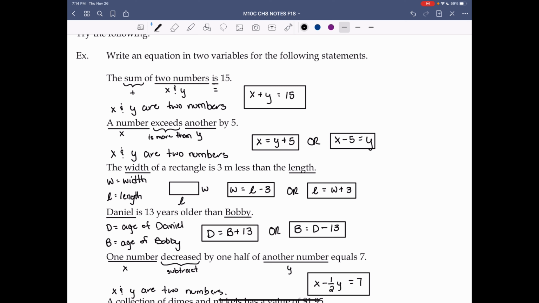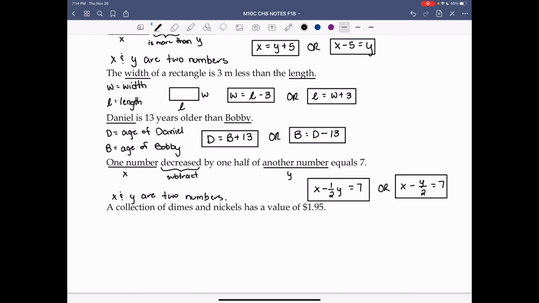So x minus y divided by 2 equals 7. This is one number, x, decreased by 1/2 of another number, y, so y divided by 2, or 1/2 times y, equals 7.